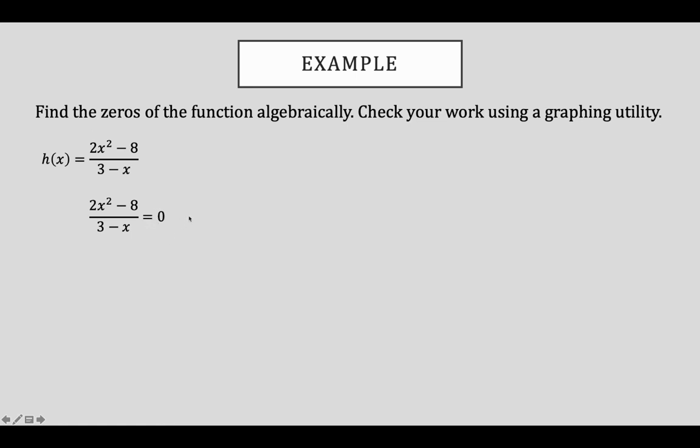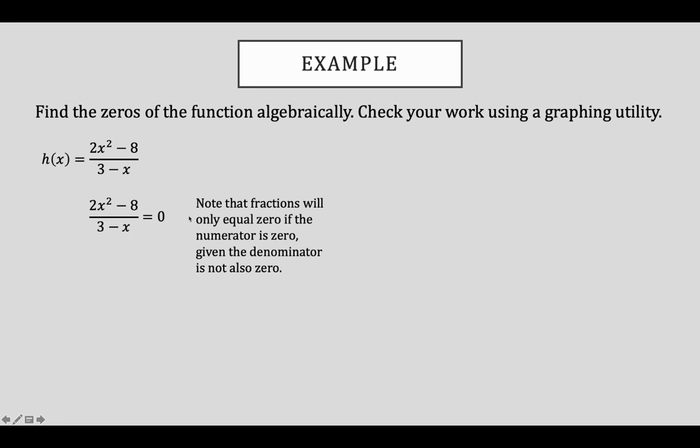So a shortcut is to simply take the numerator, if you have a big fraction, and set the numerator equal to 0. Again, the only time a fraction will ever equal 0 is if the numerator is 0. But this part's also important: given that the denominator is not also 0.